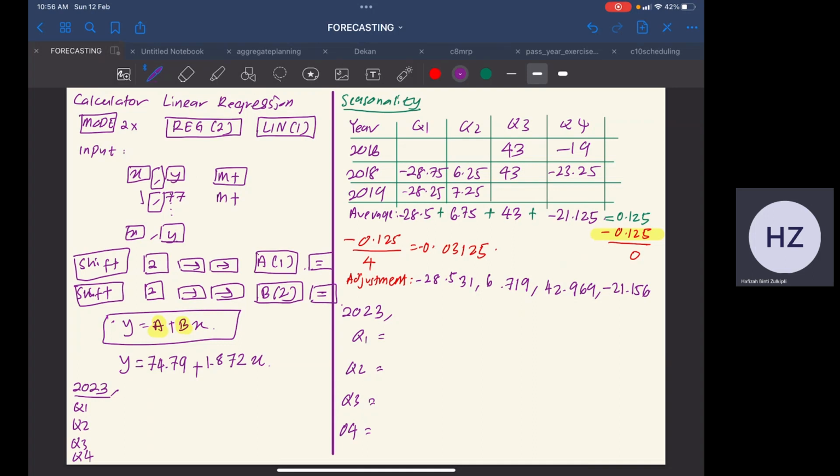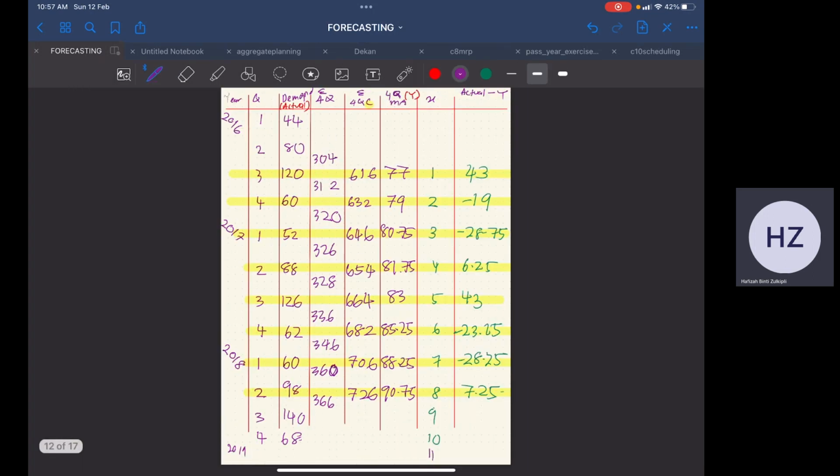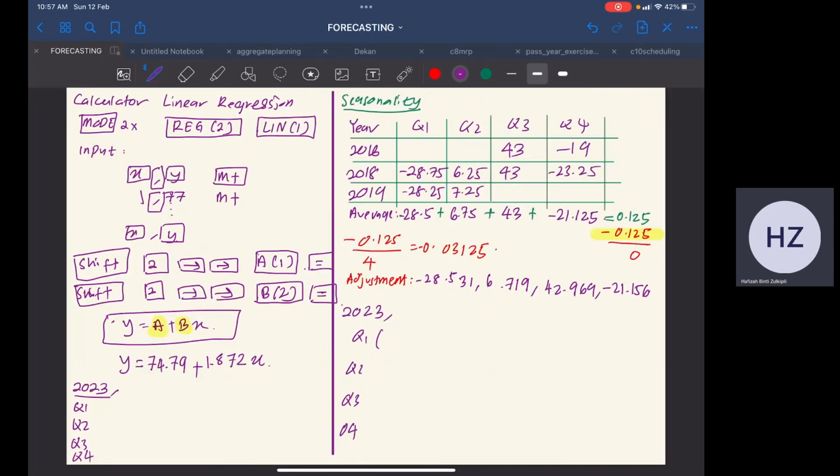So the X value for X1 is 27, then 28, 29, 30. So that is the X that you need to put into the equation of y equal to a plus bx.